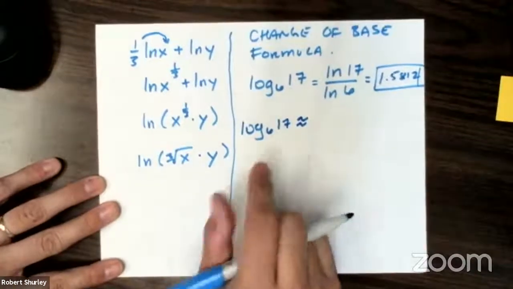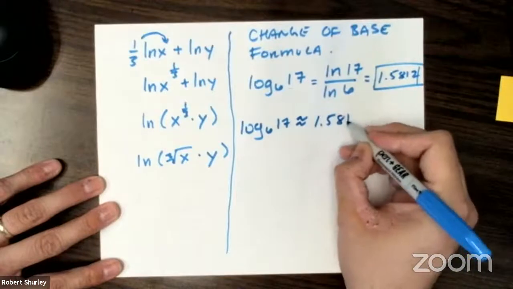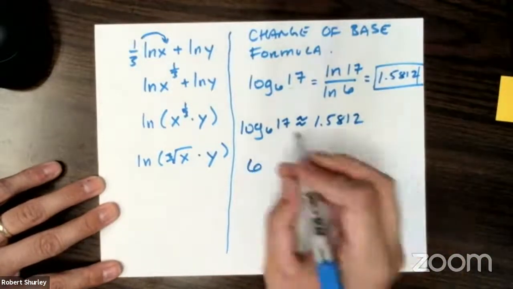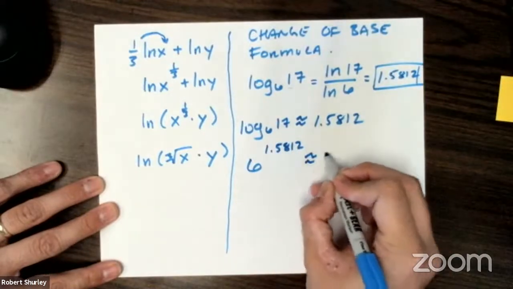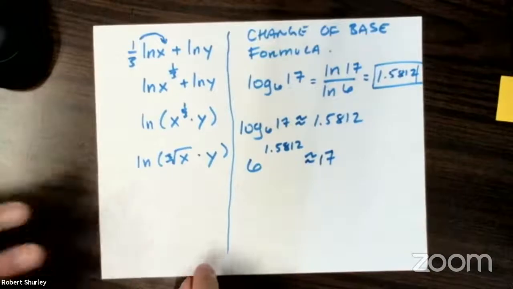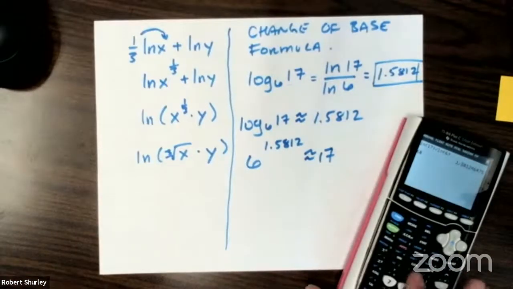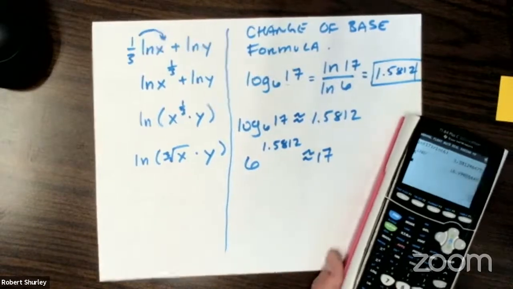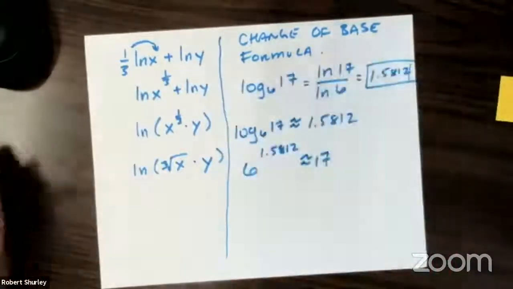Log base 6 of 17 is approximately 1.5812. I'm going to write this as an exponent. This means 6 raised to the 1.5812 should be really close to 17. I'm going to check it. 6 raised to the 1.5812 is 16.9985. That is pretty close to 17.